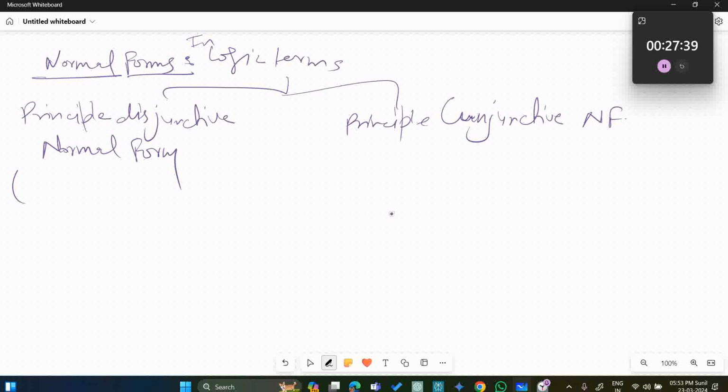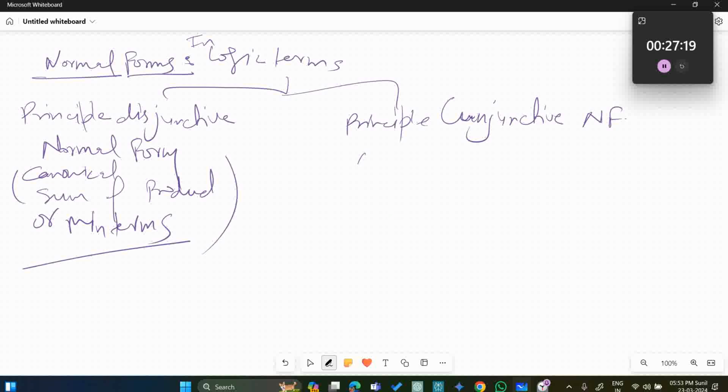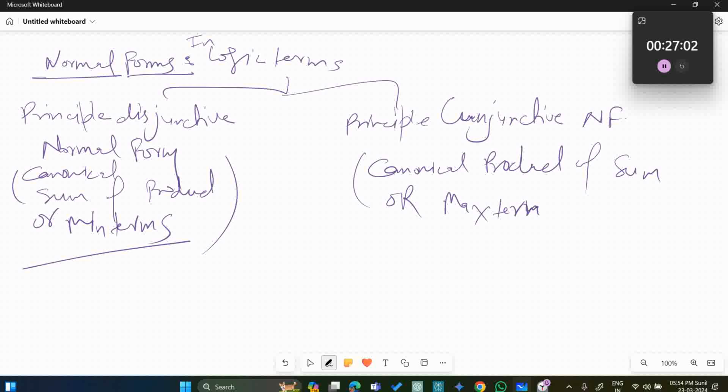So in Boolean algebra terms, we can say for this canonical sum of product or min terms, and for this canonical product of sum or max terms in Boolean algebra form. Alright.